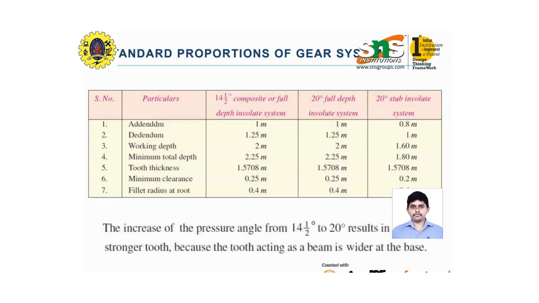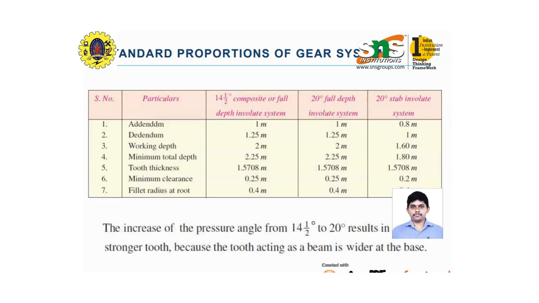The addendum is 1 module for 14.5 degrees and 1 module for 20 degrees, and for 20 degrees stub it is 0.8 module. In the case of dedendum, the value decreases from 1.25 to 1 module. The working depth decreases from 2 module to 1.60 module. The minimum total depth starts from 2.25 and ends with 1.80.